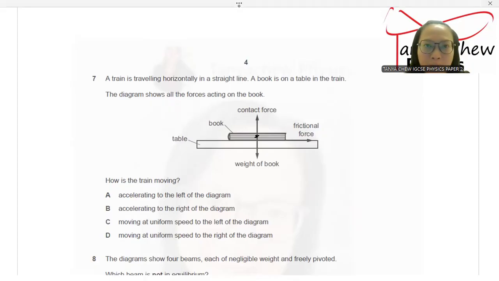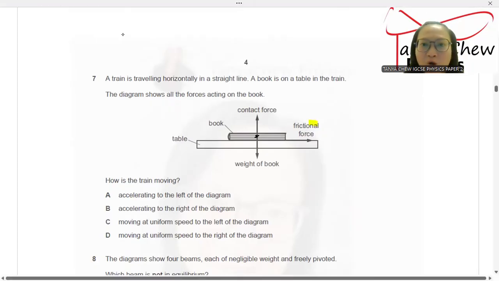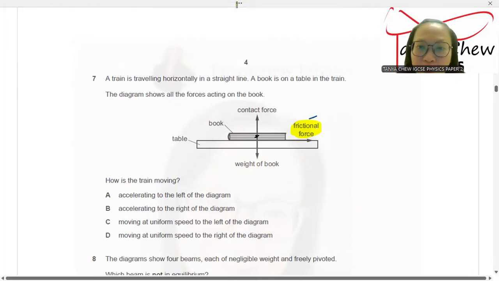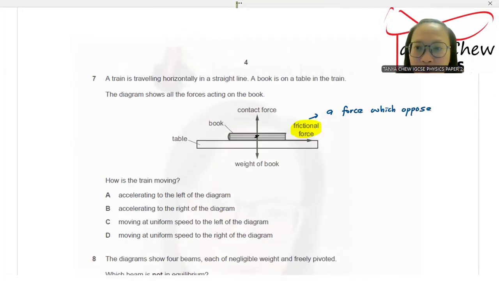But I want you to pay special attention. The hint is here, frictional force. What is the definition of frictional force? Frictional force is defined as the resistive force, a force which opposes motion. That means the book must be moving in order for the frictional force to act on the book.